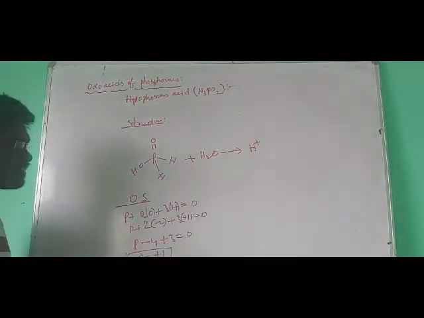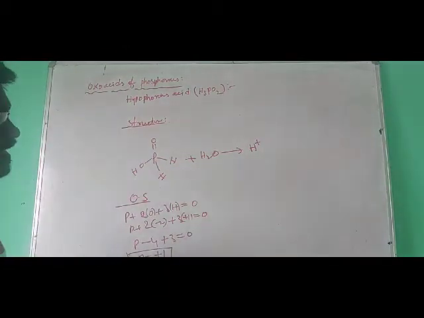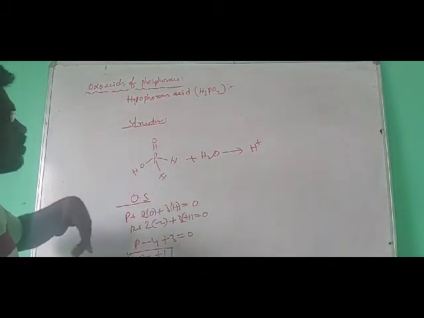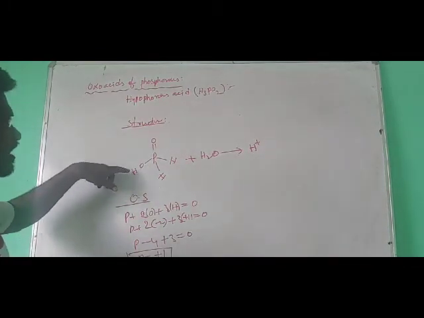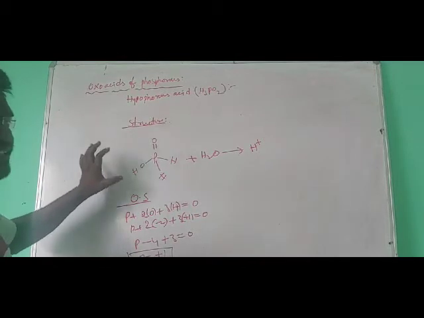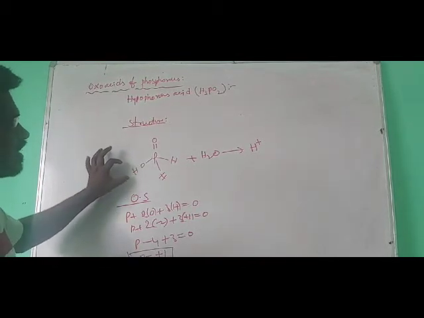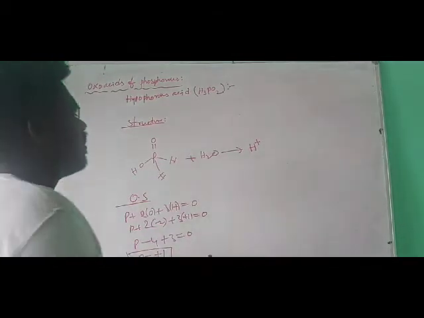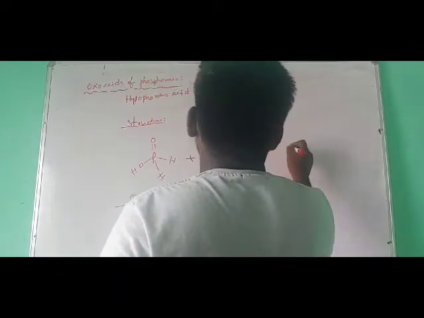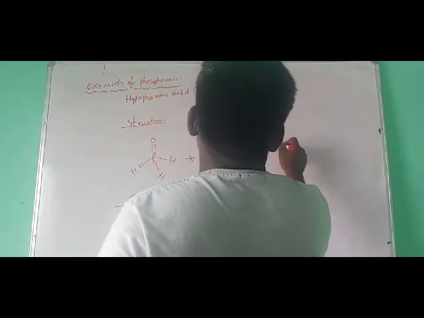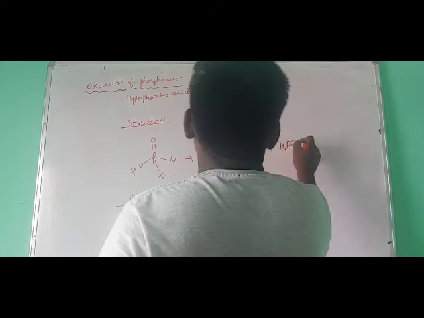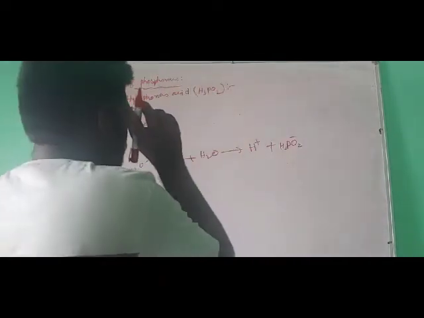So which hydrogen turns into H plus when this is dissolved in water? The hydrogen connected with oxygen is highly acidic in nature, and that one will be released in the form of H plus ion, and the anion is H2PO2 minus.